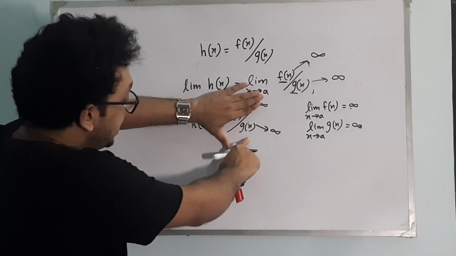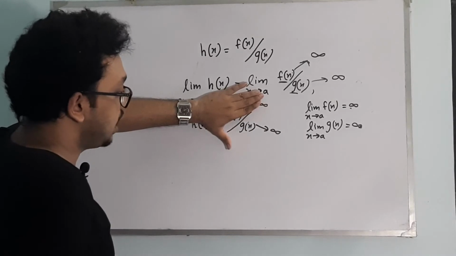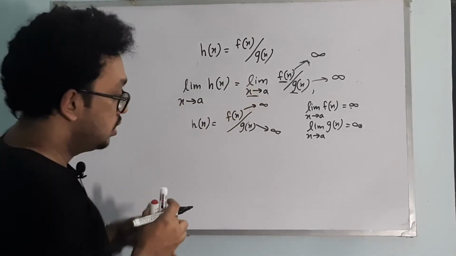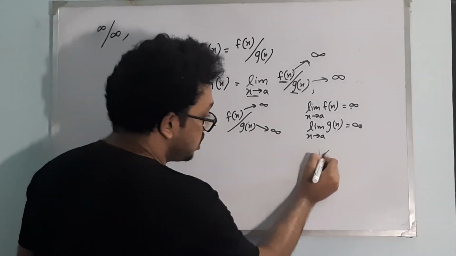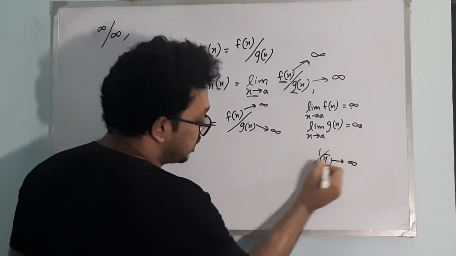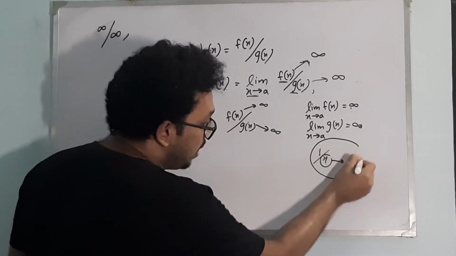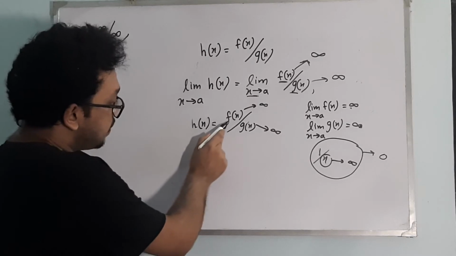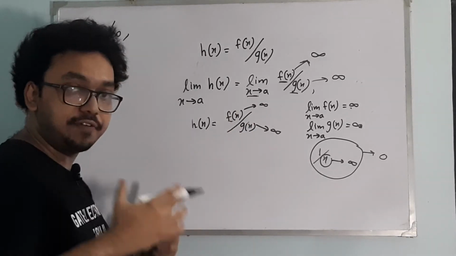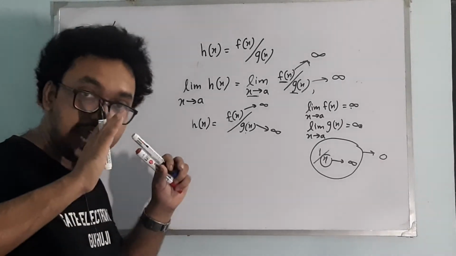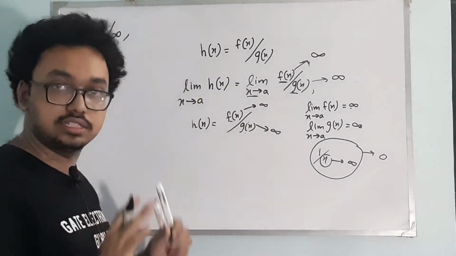If the denominator of a fraction tends towards infinite, this will try to take the value towards 0. Because suppose you have a function 1 by x, if this x in the denominator tends towards infinite, this will try to make the overall function tend towards 0. So in this case you observe the numerator tries to take the function towards infinite, the denominator g(x) tries to take the whole function value towards 0.